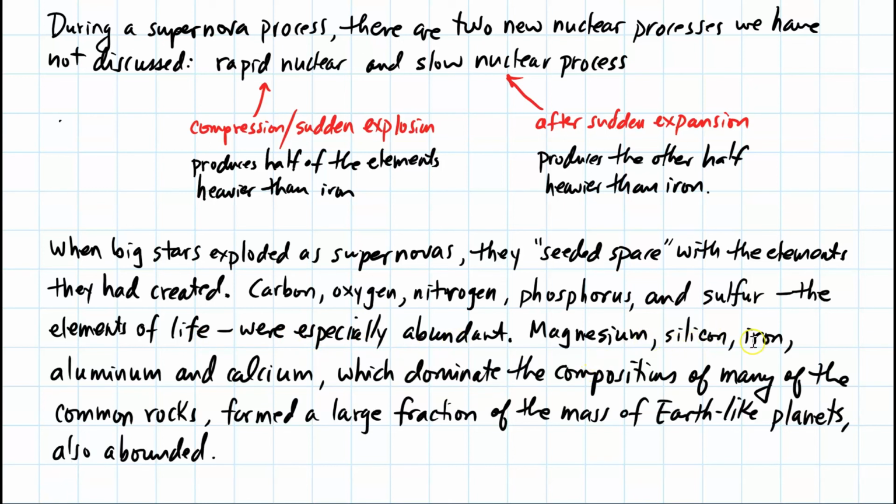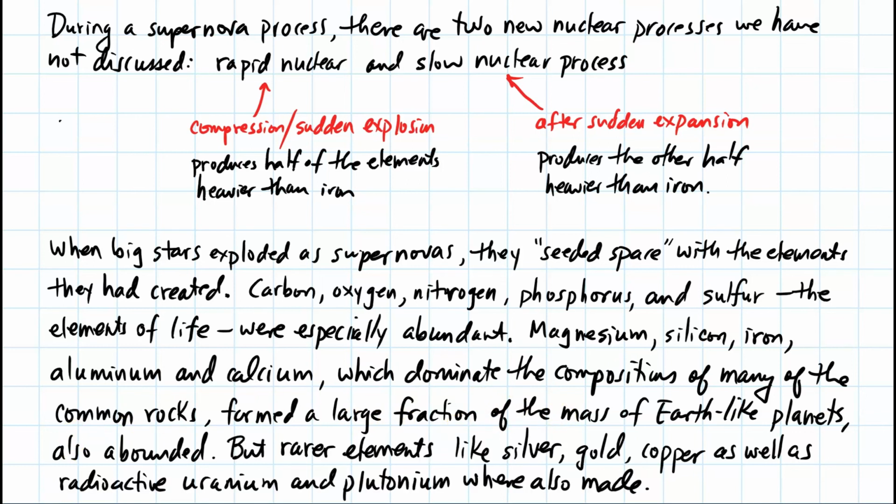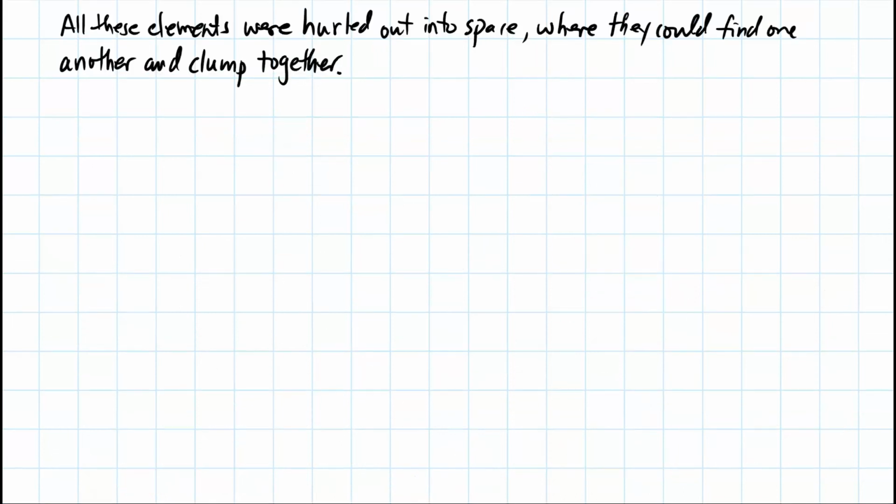Magnesium, silicon, iron, aluminum, and calcium, which dominate the compositions of many of the common rocks, formed a large fraction of the mass of Earth-like planets, also abound. But rarer elements like silver, gold, copper, as well as radioactive uranium and plutonium were also made in lesser quantities. All these elements were hurled out into space where they could find one another and clump together.